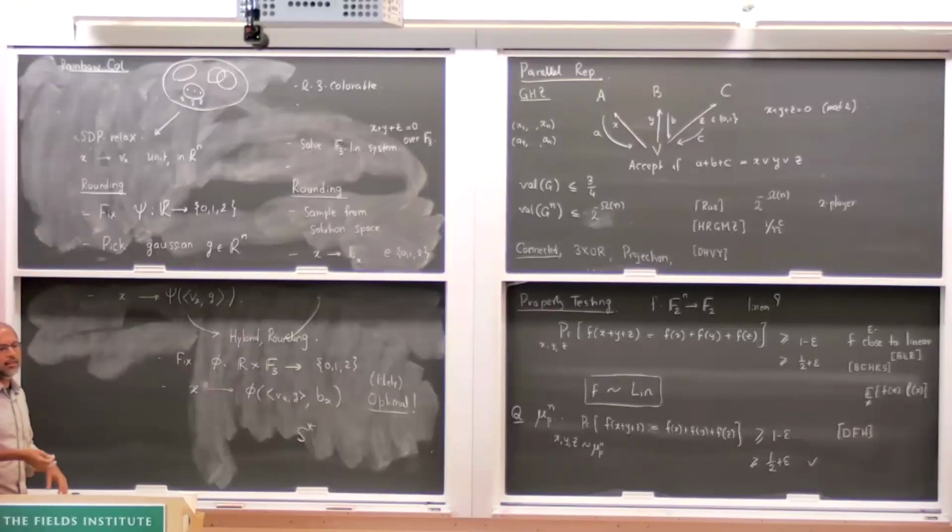Though at the end of the day, there is some similarity, meaning even there, there is an SDP, there is a rounding, and to figure out what the best rounding scheme is, it amounts to solving some geometric isoperimetric type problems, which is also the case here. But I don't see any more direct connection than what's evident.